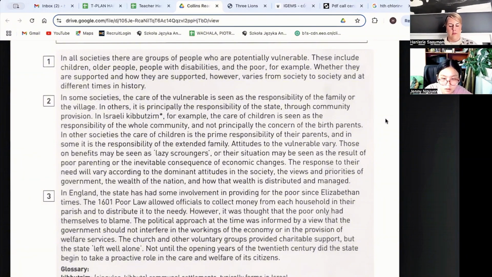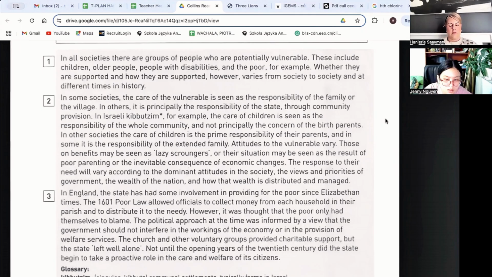Attitudes to the vulnerable vary. Those on benefit may be seen as lazy scroungers, or the situation may be seen as a result of poor parenting or the inevitable consequences of economic changes.